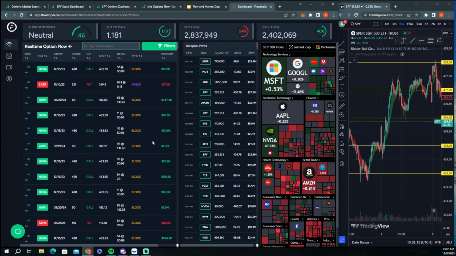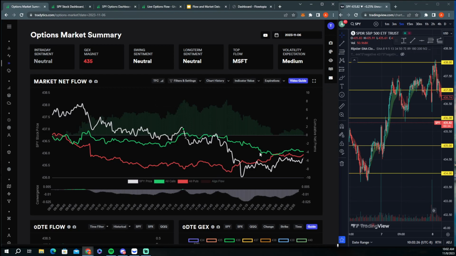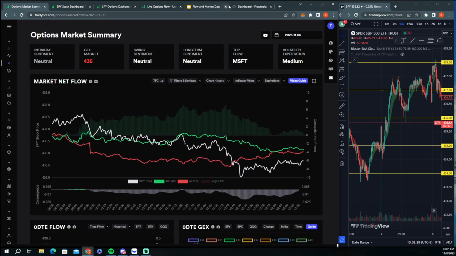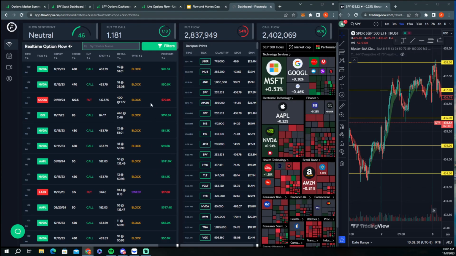Sweep trades are probably the most bullish and most confident moves, I'd have to say, in flow data. Blocks are just a bunch of noise, in my opinion. It takes into consideration the flow data, like here in market net flow, but I hardly ever pay attention to block trades.